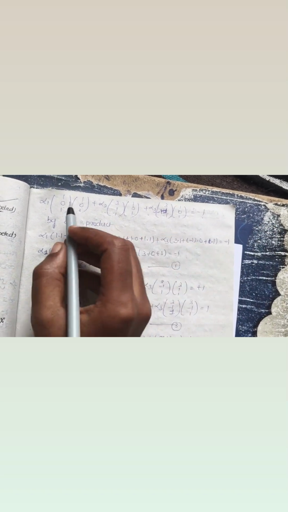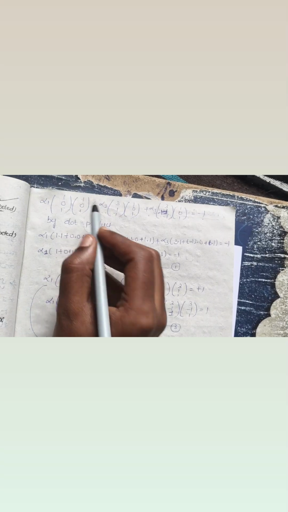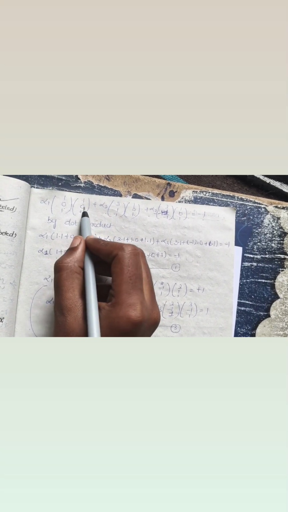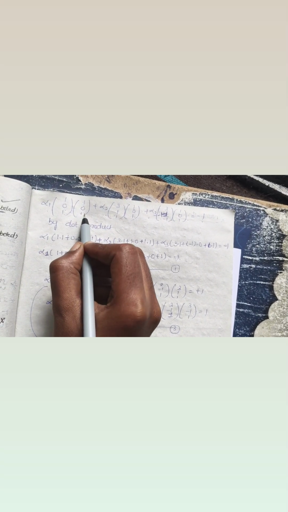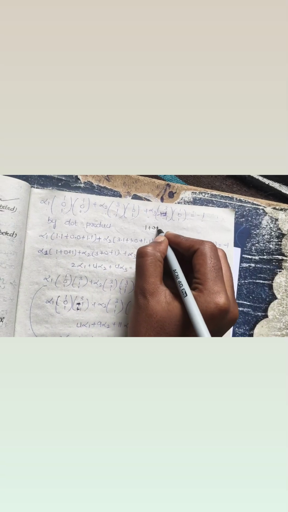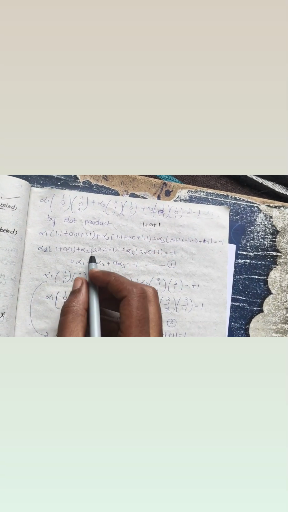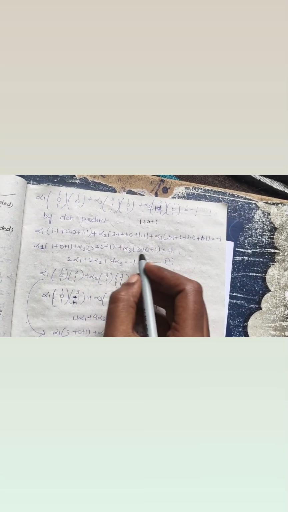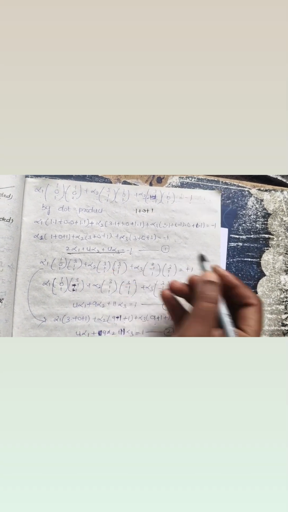By doing the dot product, 1 times 1 is 1, 0 times 0 is 0, 1 times 1 is 1, 1 plus 0 plus 1, like that we will get the equation as 2 alpha 1 plus 4 alpha 2 plus 4 alpha 3 is equal to -1. By solving the above three equations, we will get the values alpha 1 is equal to -3.5, alpha 2 is equal to 0.75, alpha 3 is equal to 0.75.